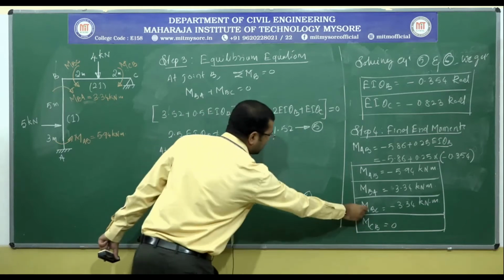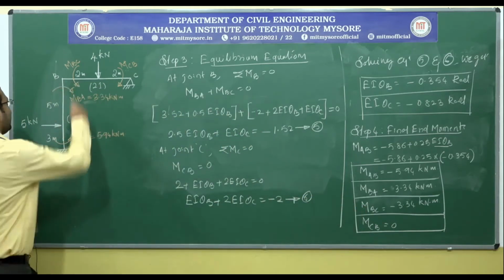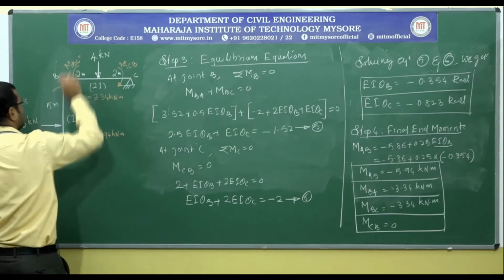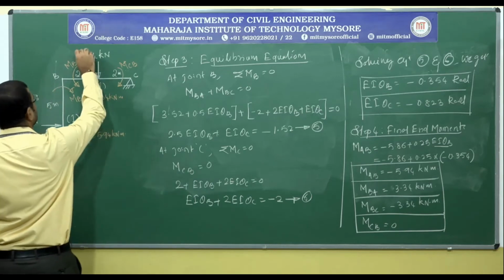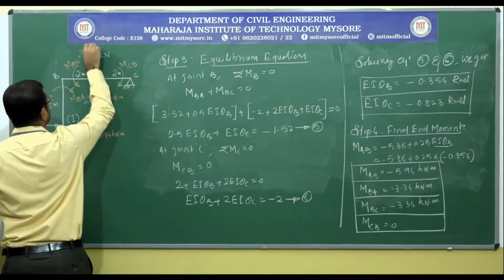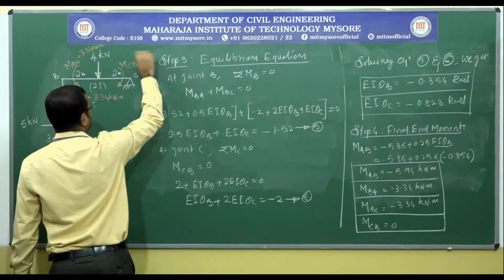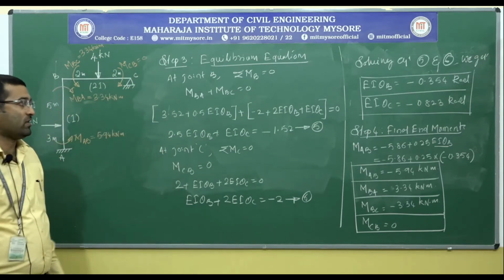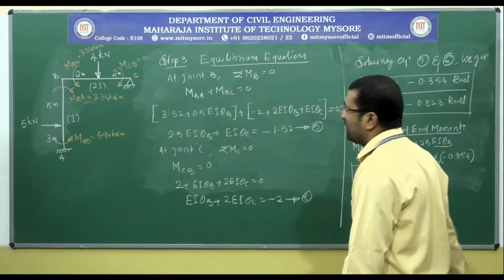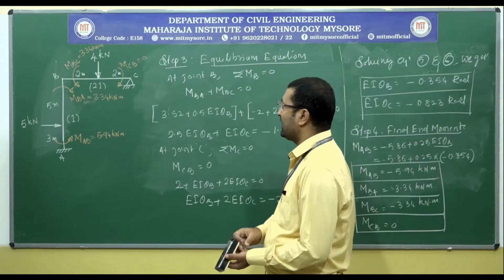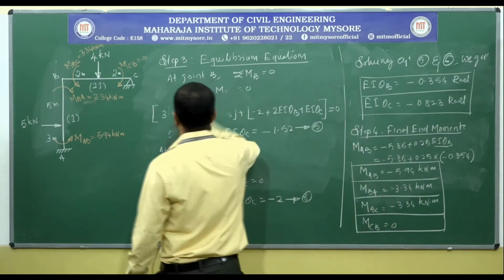Now the MBC is minus 3.34, minus indicates it is an anti-clockwise moment, as we have written. So it is 3.34 kilonewton meter, whereas MCB is equal to 0, right. So this is how we need to represent these bending moment values in the main diagram so that we can use them for the further calculations.